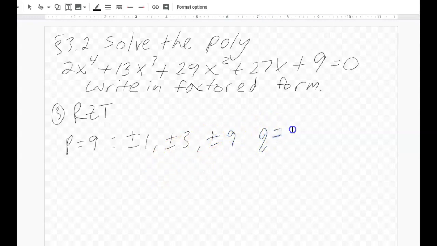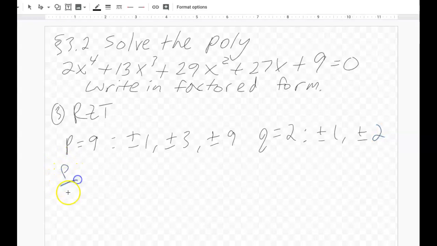My Q is 2, and I list all the factors of 2, which is plus or minus 1 and plus or minus 2. You can see why the coefficients for the rational zeros theorem have to be integers, because we're basing P and Q off the fact that its factors are integers as well.